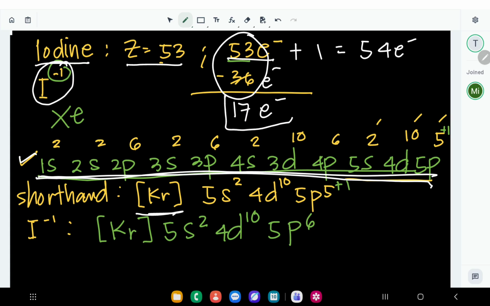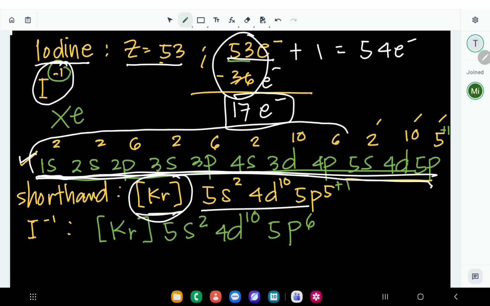This 17 electrons is the only number of electrons that we will copy here, because krypton replaces the electrons from 1s2 up to here. If you add the electrons here, 2 plus 2 plus 6, that's 10, 18, 20, 30, 36, right?